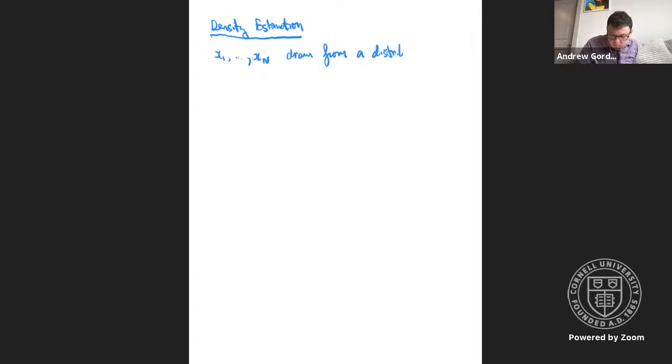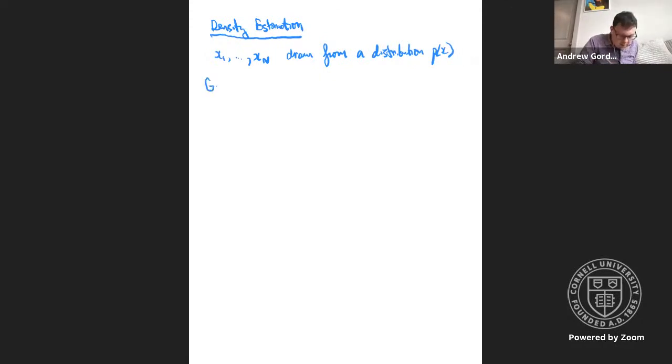So let's start with density estimation. Let's suppose we have some points, we'll call them x1 up to xn. Sometimes I've been calling these y's. Here, let's just stick with x, and we'll assume they're drawn from some distribution P(x).